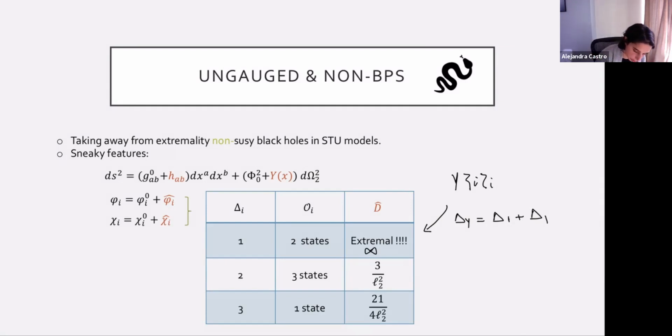There are other extremal couplings. So let me also remark here. There are other extremal correlators because you have 1, 2 plus 3. You can note that delta 1 plus delta 2 is equal to delta 3, or also that delta 2 is equal to delta 1 plus delta 1. And all of these have vanishing couplings.